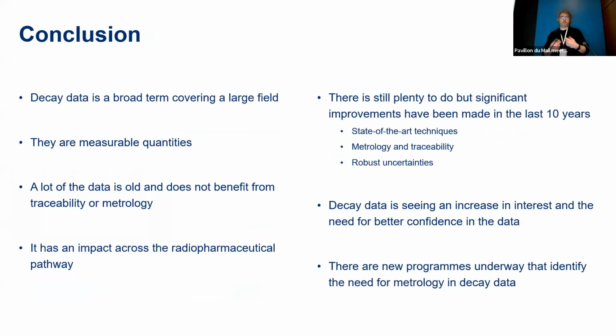And over the last at least 10 years, there have been significant improvements in the data that's been coming out, using state-of-the-art techniques with metrology and traceability built into it and robust uncertainties, especially within half-lives. And decay data is seeing an increase in interest and the need for better confidence in the data.